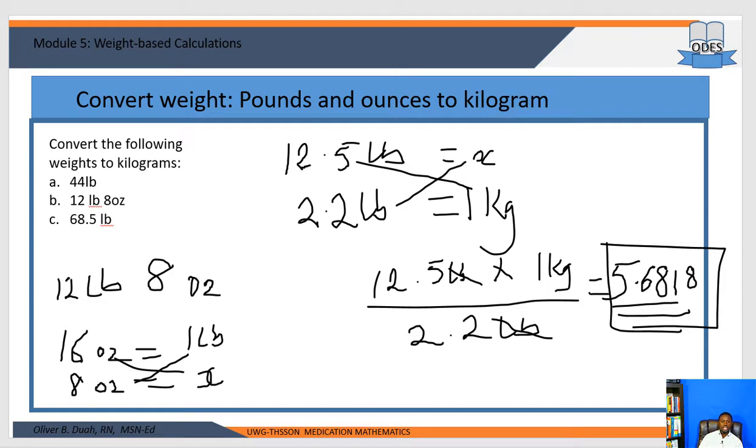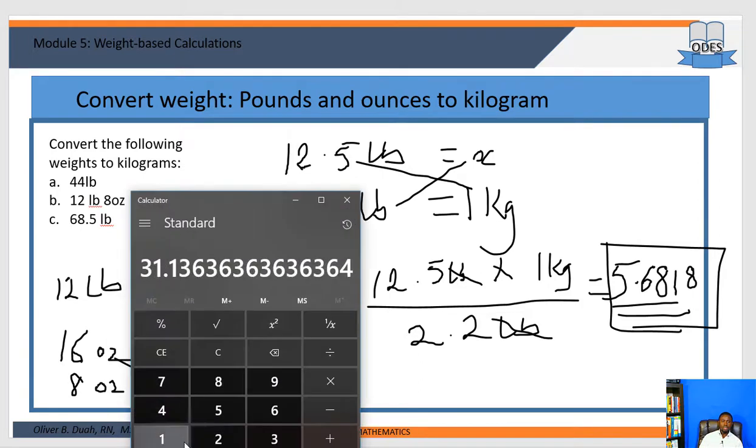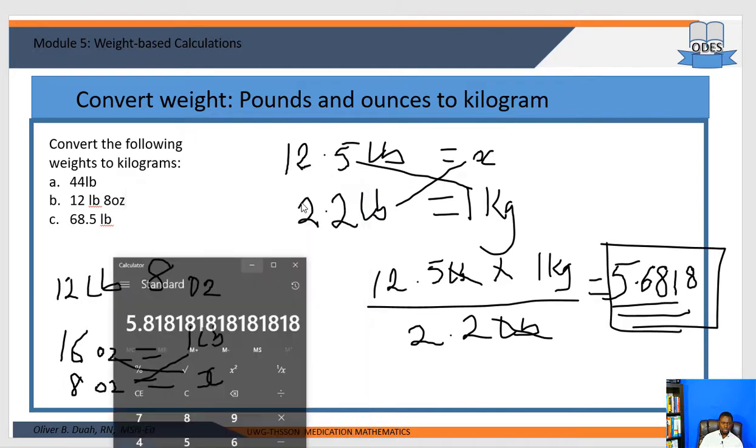If we simply divide 12.8 by 2.2, we are going to get 5.8181, which is going to be 5.8182. There is a big difference between 5.8 and 5.6, and that is going to skew our calculation. So we have to first of all convert the ounces to pounds, add it to the weight in pounds before we convert to kilograms.